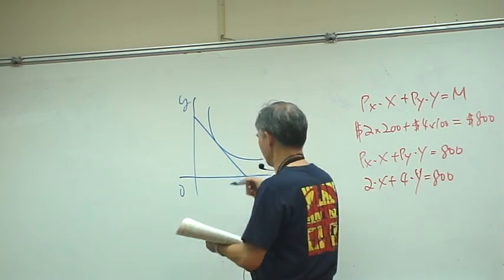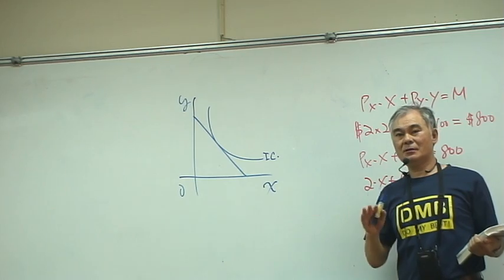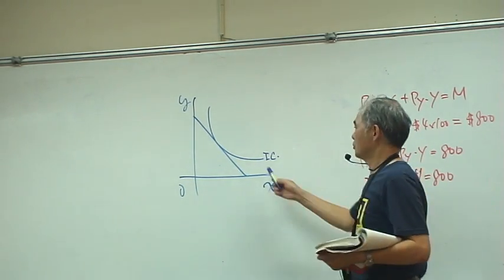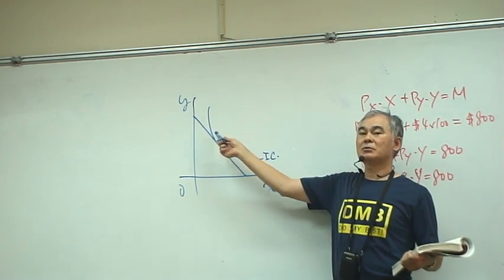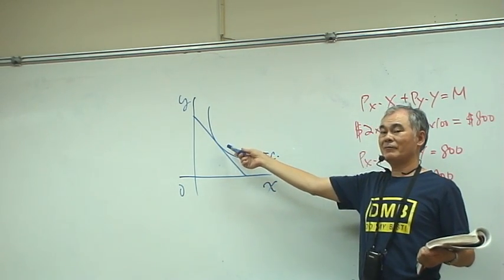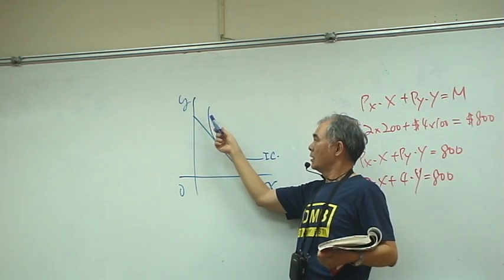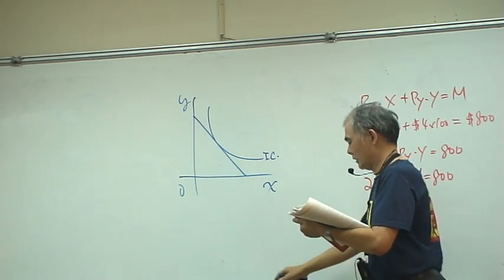This will be the indifference curve based on the utility function we have. But this one is different, okay? Why is this one different? This one shows us diminishing marginal utility. So as you consume more x, the marginal utility of x goes down. When you consume more y, the marginal utility of y goes down. But let us look at this.